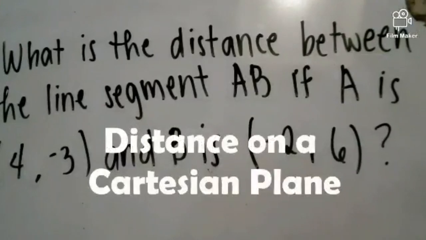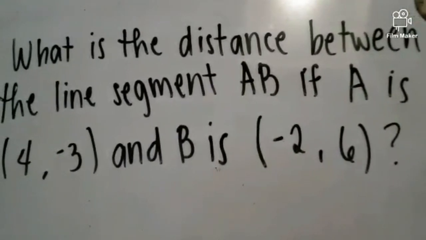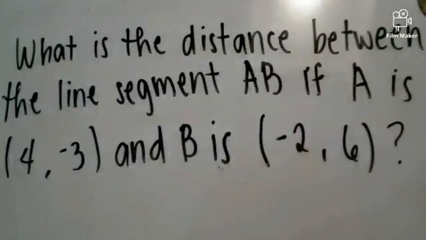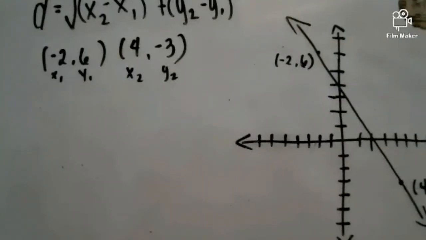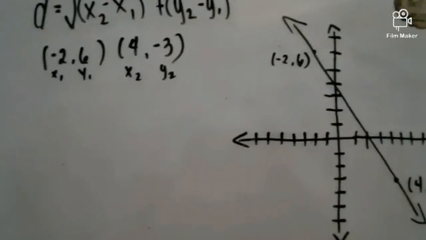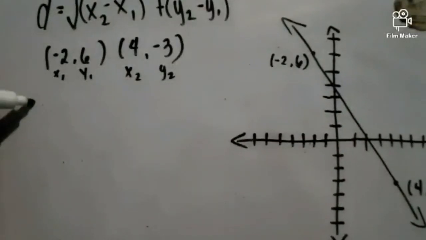What is the distance between the line segment AB if A is 4, negative 3 and B is negative 2, 6? The formula for this is the square root of x sub 2 minus x sub 1 squared plus y sub 2 minus y sub 1 squared. In this case, I used negative 2, 6 as my x sub 1, y sub 1, and 4, negative 3 as my x sub 2, y sub 2.